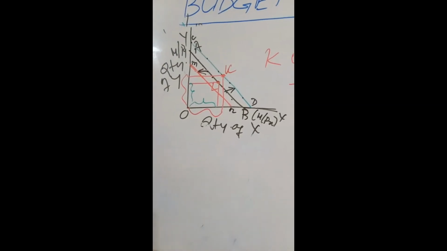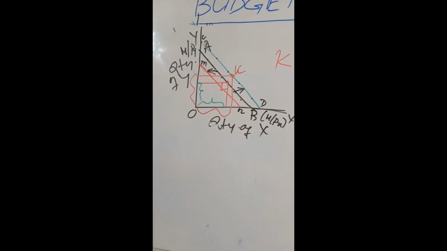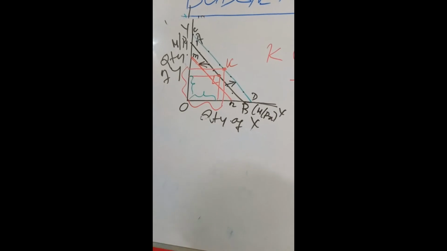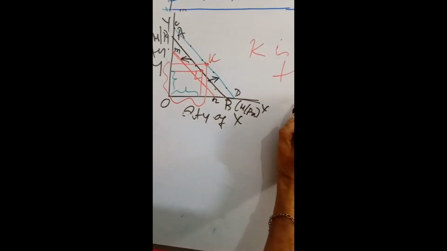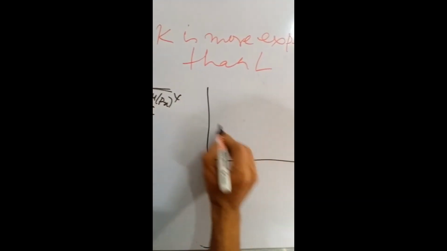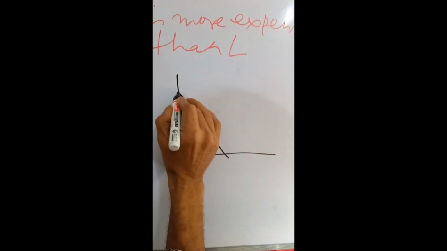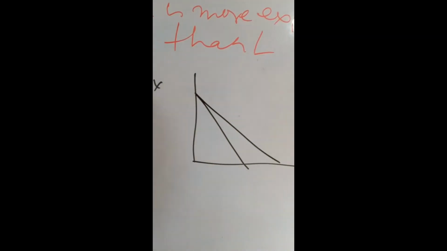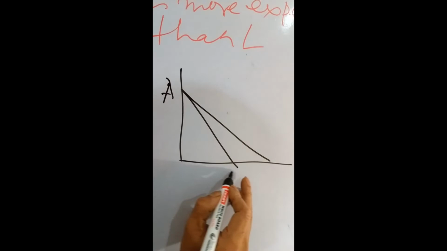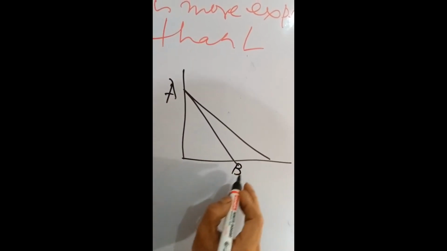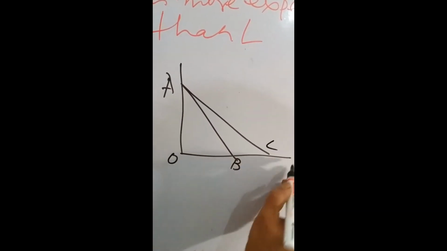Now, one thing should be noted, that we are talking about changes in prices. This is the budget line, AB is the budget line, and it shifts to AC if price of X falls.